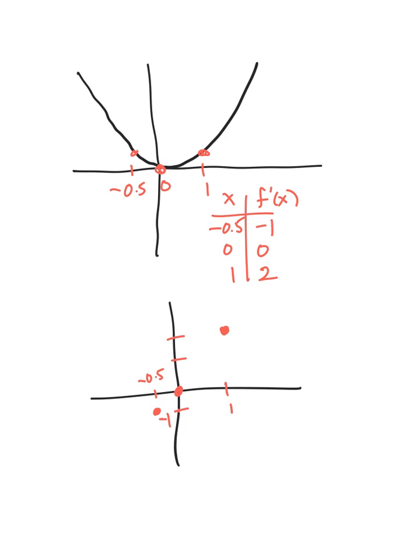So I could plot those points. And so this is x versus f prime of x, whereas the first one was x and f of x. So these are 3 points on the graph of the derivative function of the function y equals x squared.